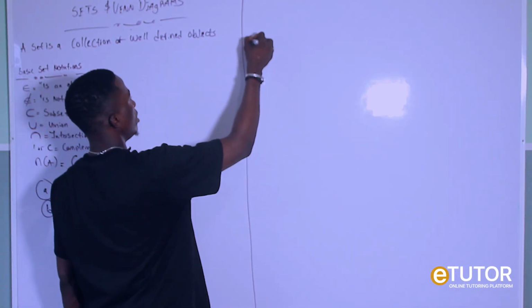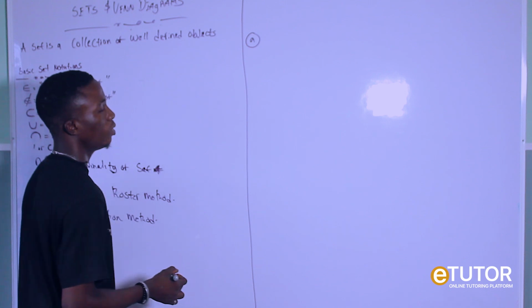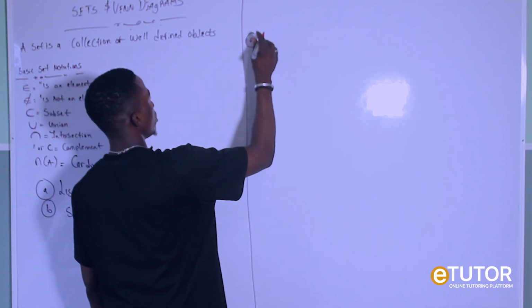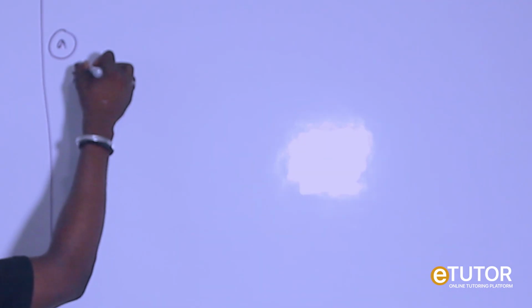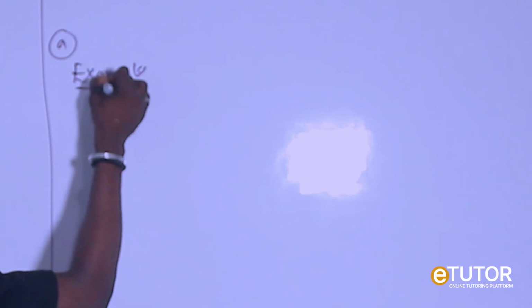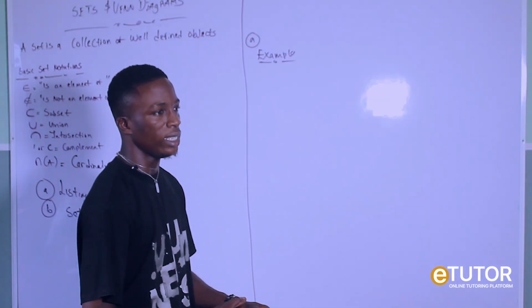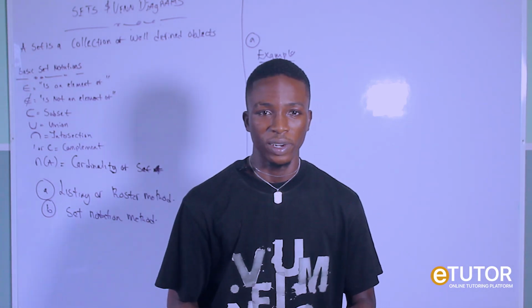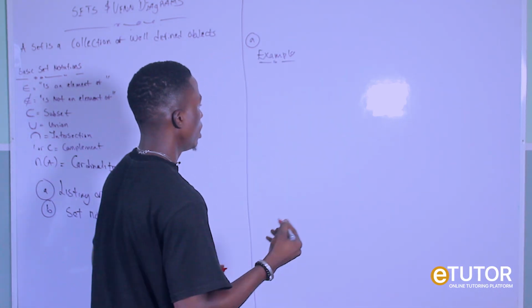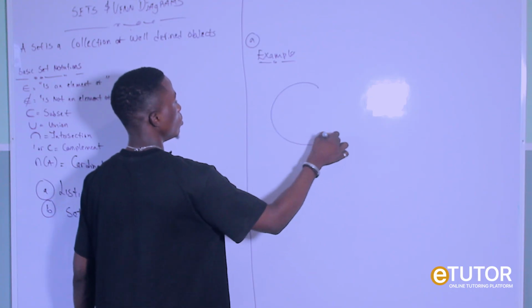So what is the listing method? Now, this is an example of a set. A set basically is a collection of well-defined objects, like I clearly stated. Take for instance, this is a school.